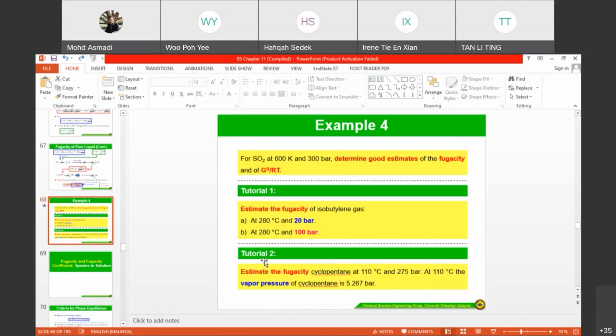Okay, any questions about how to calculate the fugacity and fugacity coefficient? Okay, so I guess no questions.